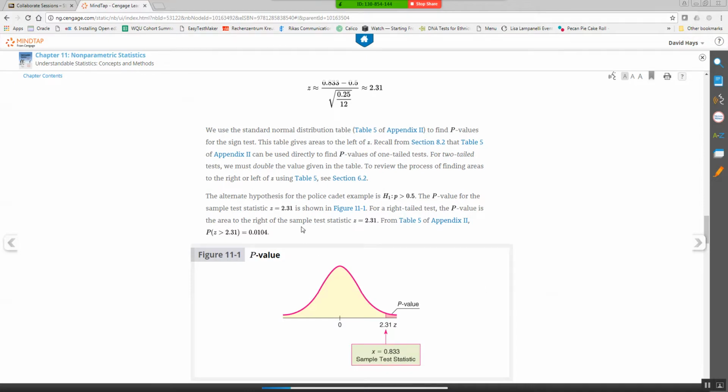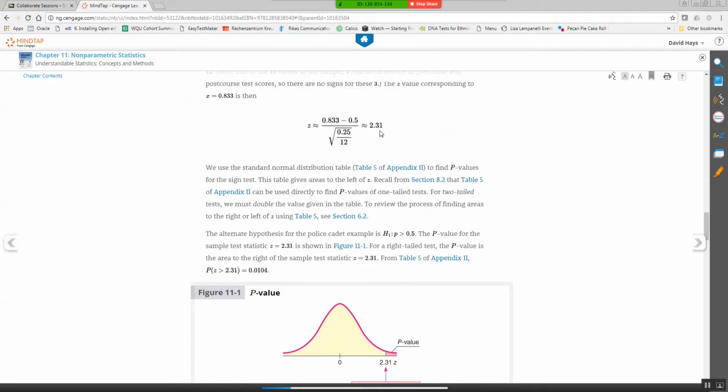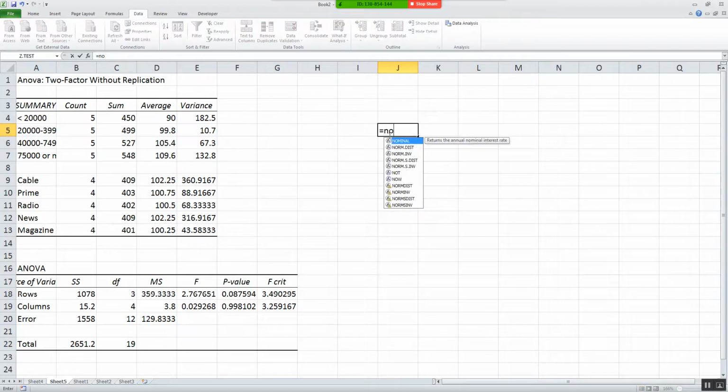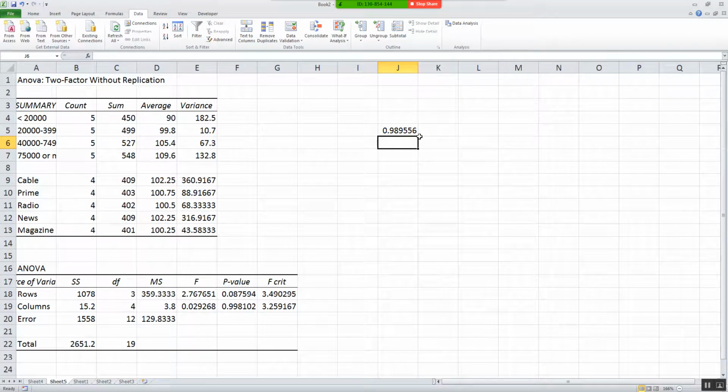Now sometimes you have to play with it a little bit to get the right value. Like if I do equals NORM.DIST 2.31, 0, 1, true. You notice I get 0.989556.